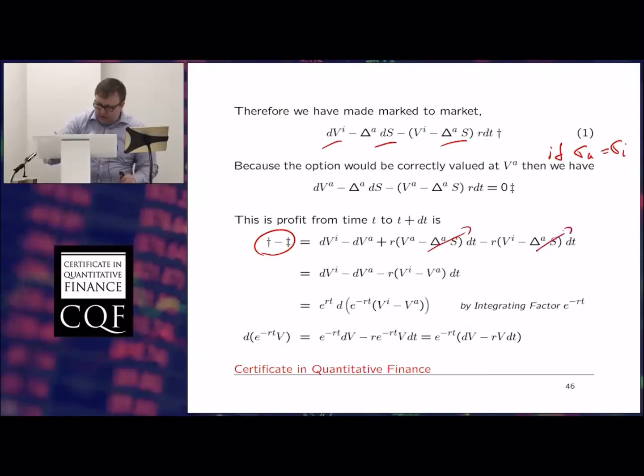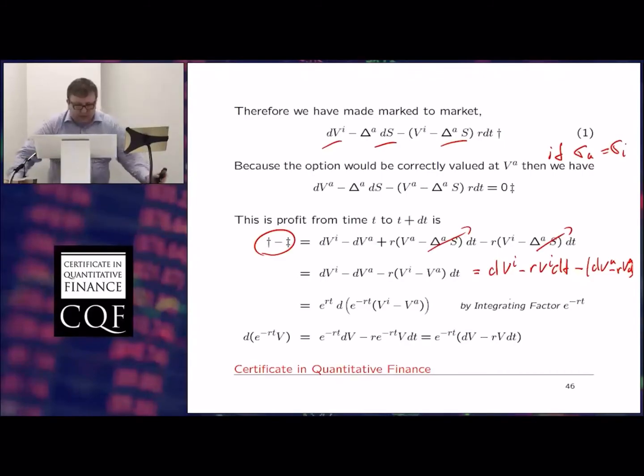This will be cancelled out, and I will fold it into this result, which in turn I can write as dVi minus r Vi dt, minus dVa minus r Va dt.